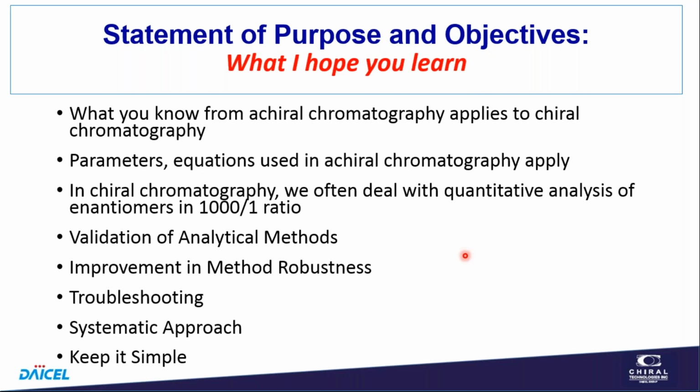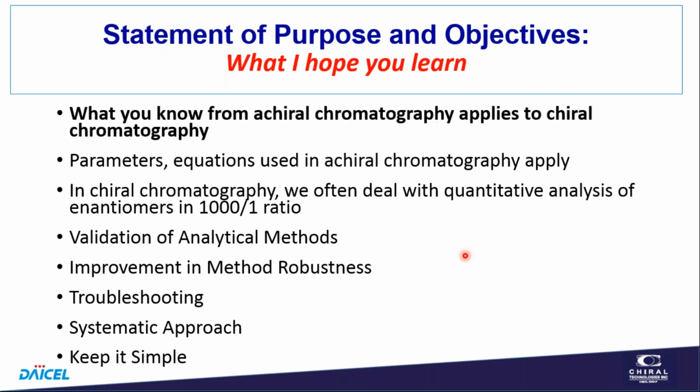The complication comes in that we're just dealing with a more complicated stationary phase, and so it becomes a little more interesting, but also a little more complicated. Hopefully some of the things I tell you will remove a little bit of that complication. And so the parameters and equations that we use in achiral chromatography also apply. Chiral chromatography is also often dealing with quantitative analysis of enantiomers at the 1,000:1 ratio, that is 0.1%.